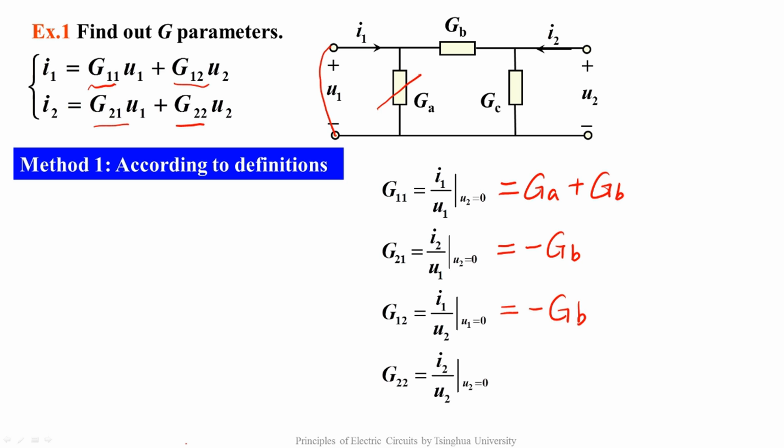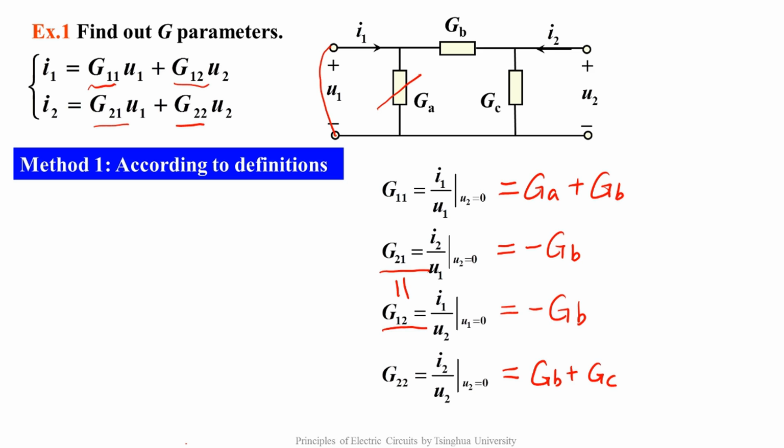G22 equals I2 over U2 and equals GB plus GC. We can find that this is a linear resistive two-port network, so it is a reciprocal two-port network. Its G21 should be equal to G12. The result proves this.